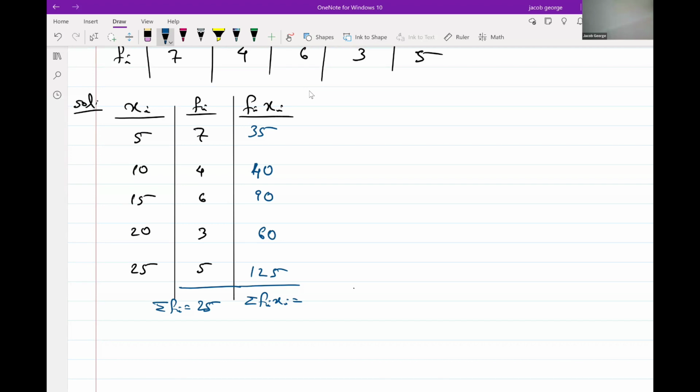All of you got the same 350? Online, your response please. Did you get 350 sigma Fi Xi? Yes, online remaining students on camera.